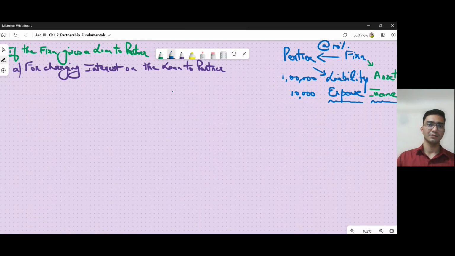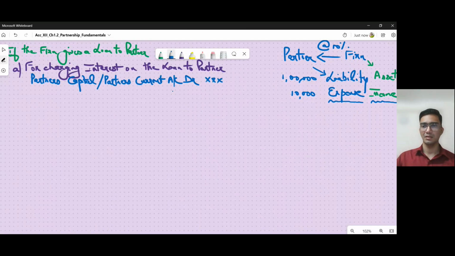So for that, we have a journal entry, the first journal entry, which is going to be: Partner's capital or partner's current account, debit, whatever may be the amount.